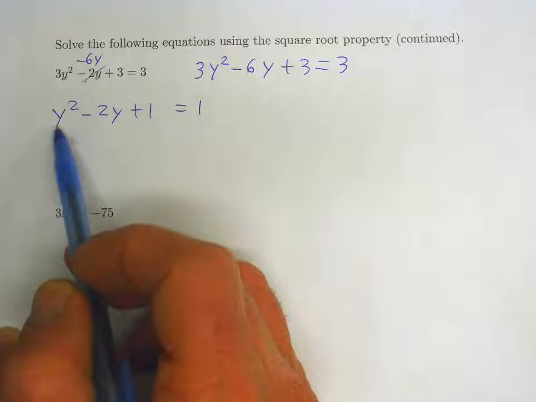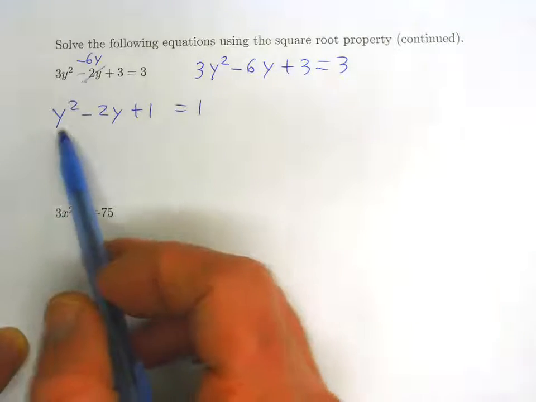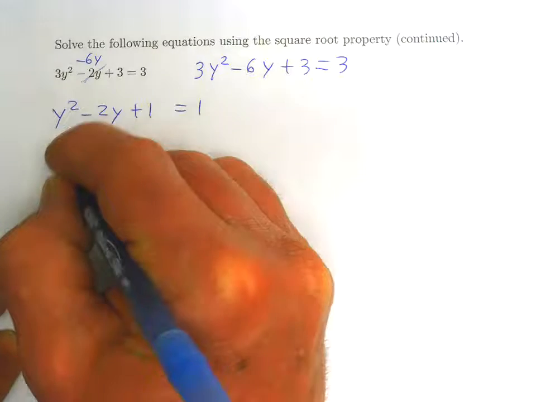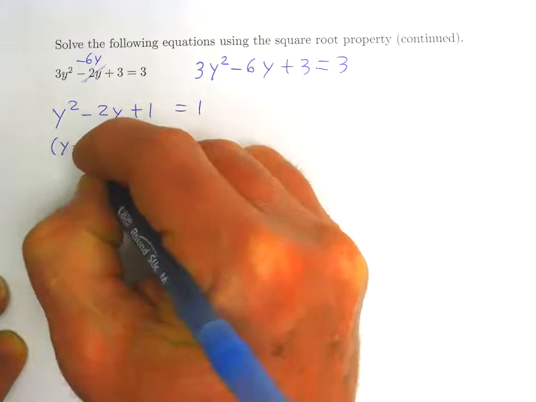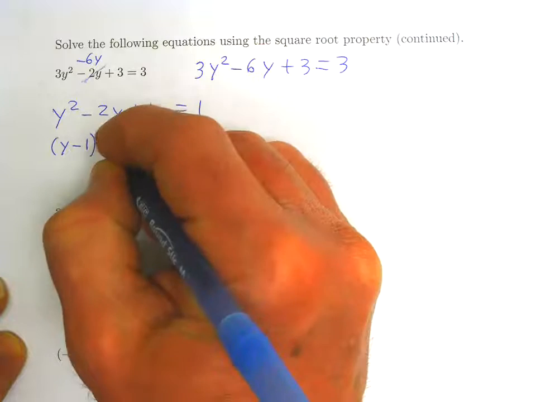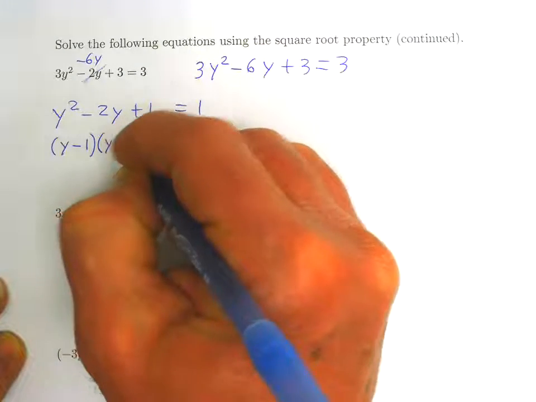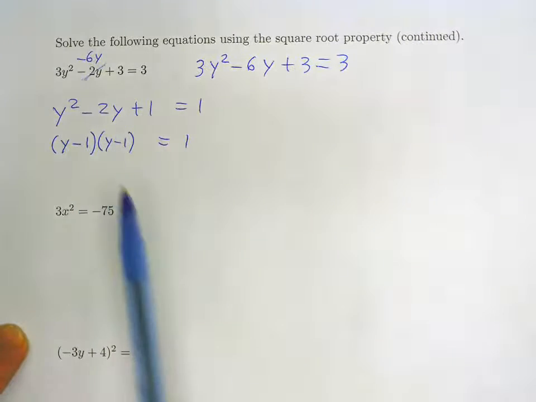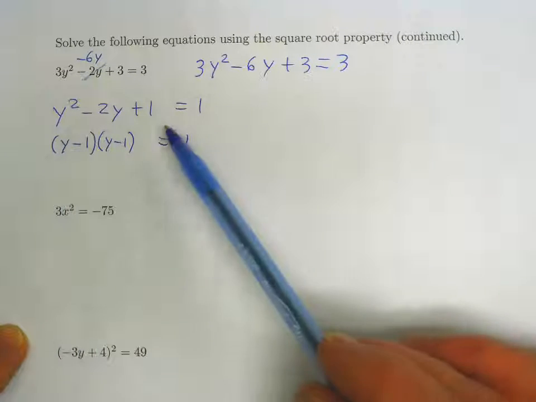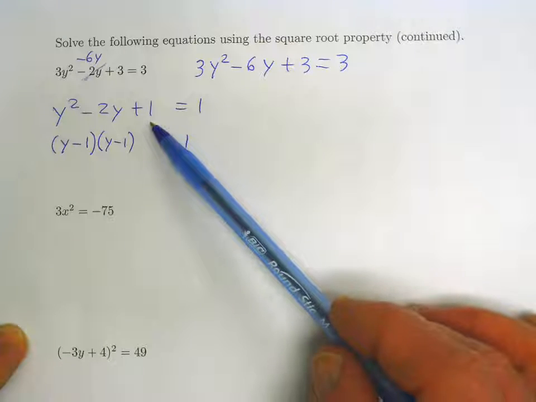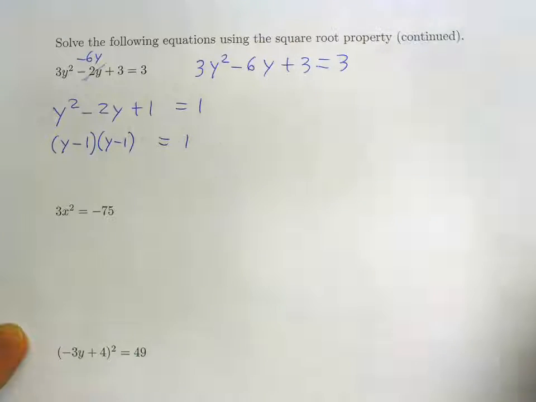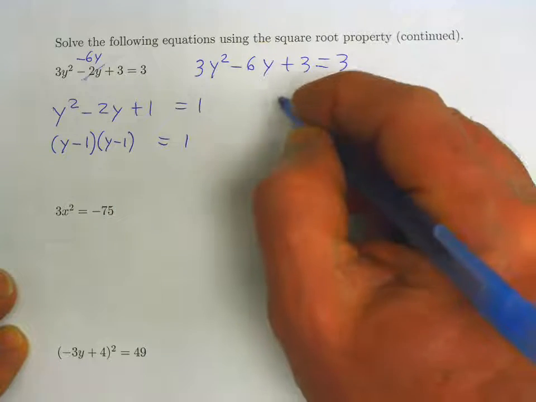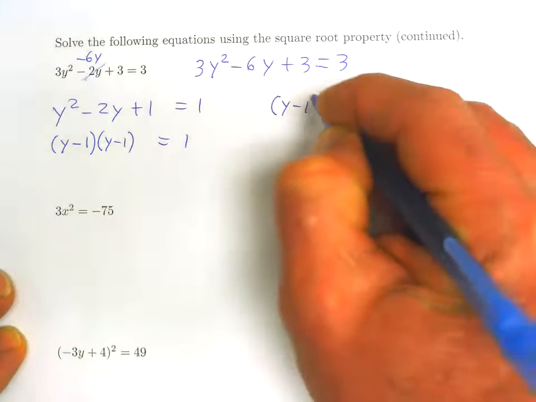Okay, so we'll just factor the left-hand side. You could use the AC method, but you can also just note that y minus 1 times y minus 1 equals y squared minus 2y plus 1. You can multiply those factors and verify that the product is the perfect square trinomial. Then y minus 1 times y minus 1 is the binomial y minus 1 to the second power.